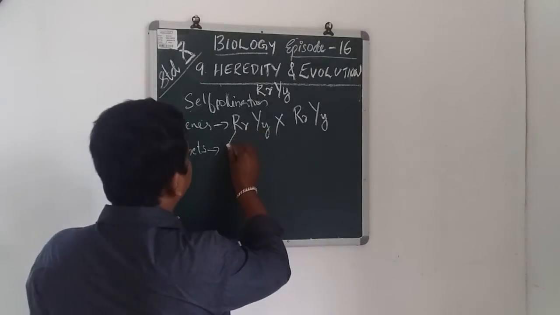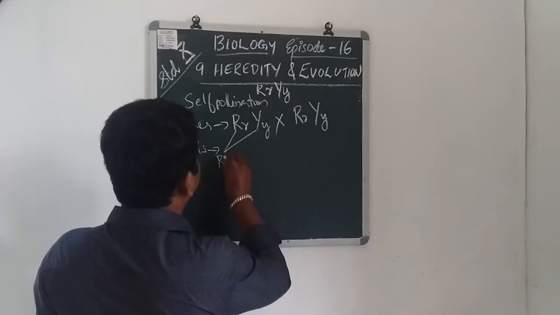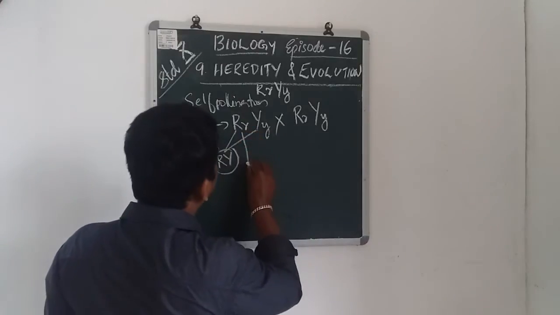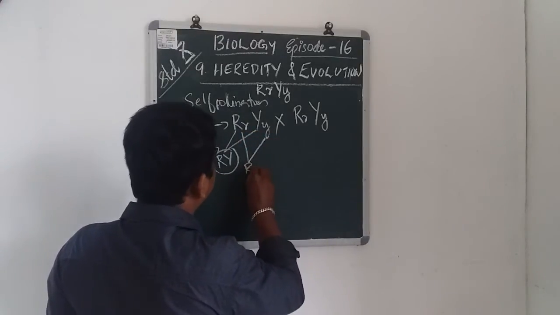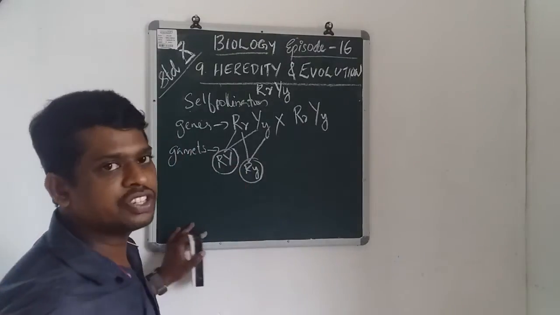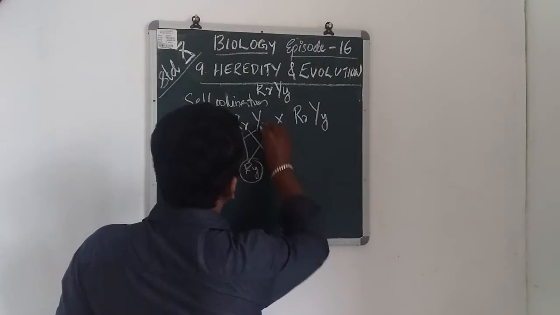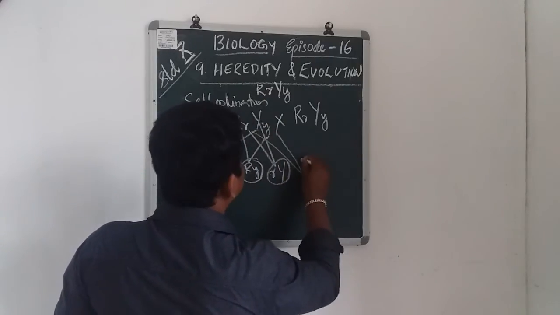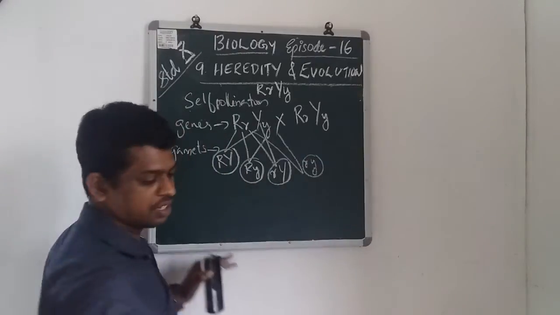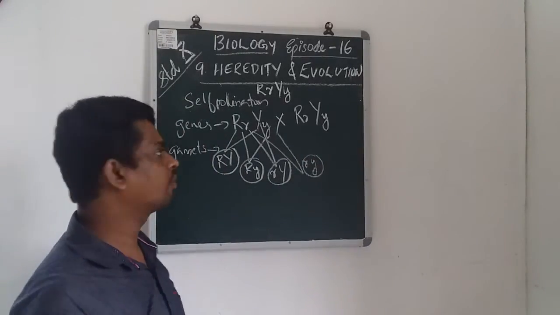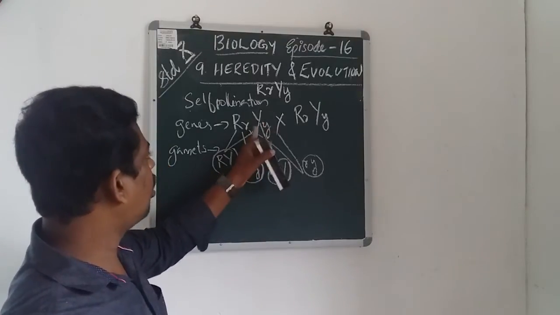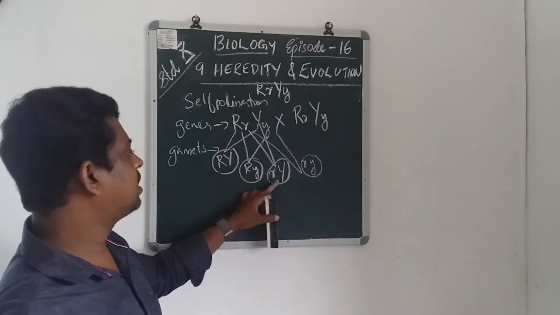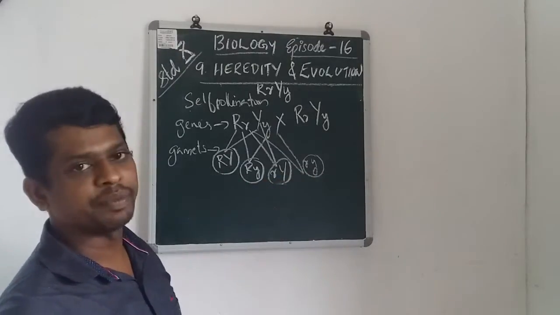Look at this. Capital R, capital Y is one gamete, and capital R, small y is another gamete, and small r, capital Y, and small r, small y. Okay, these are the gametes of this one: capital R capital Y, capital R small y, small r capital Y, small r small y.